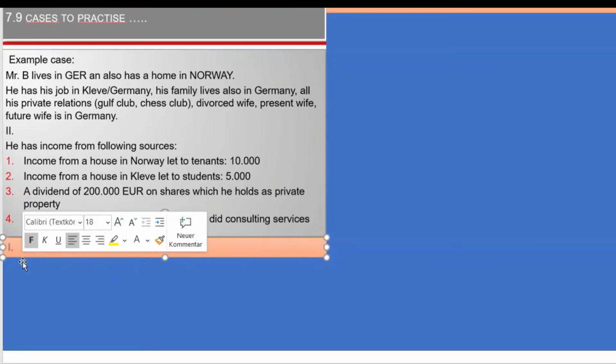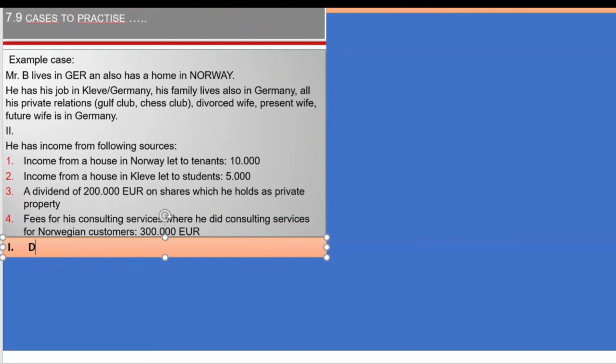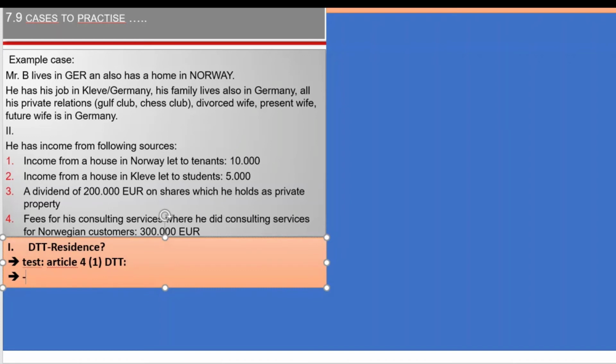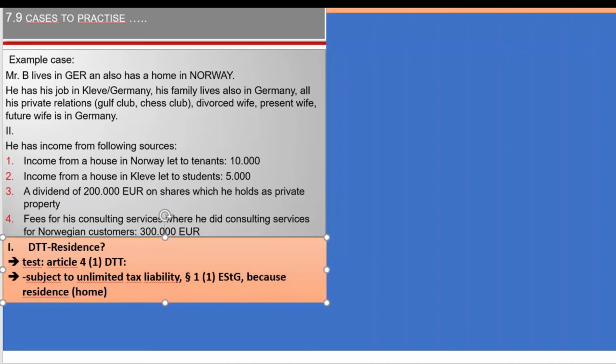Let us start again with the DTT residence. And for this, we need to know where our taxpayer is resident. We can begin with Article 4.1 of the DTT, and that says you are resident where you are subject to unlimited tax liability, sorry. Section 1.1 EStG, because his residence home is at Kleve, Germany.